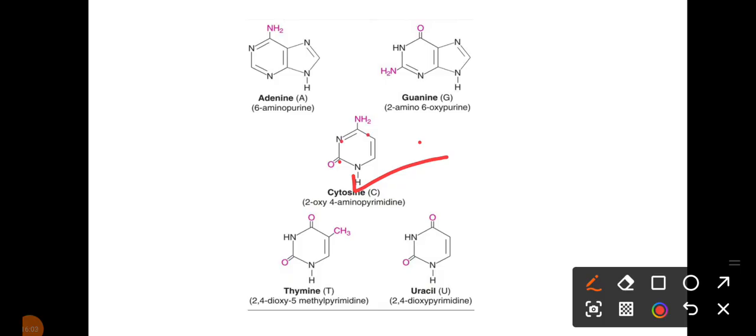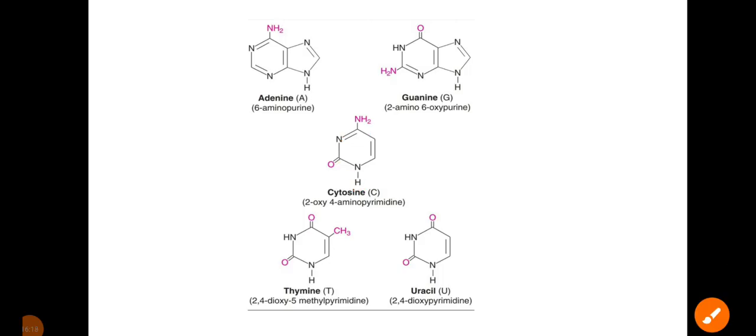So 2-oxo-4-amino pyrimidine, right? Just concentrate on the numbering of the purines and pyrimidines. Similarly in thymine, it is 2,4-dioxy-5-methyl pyrimidine.